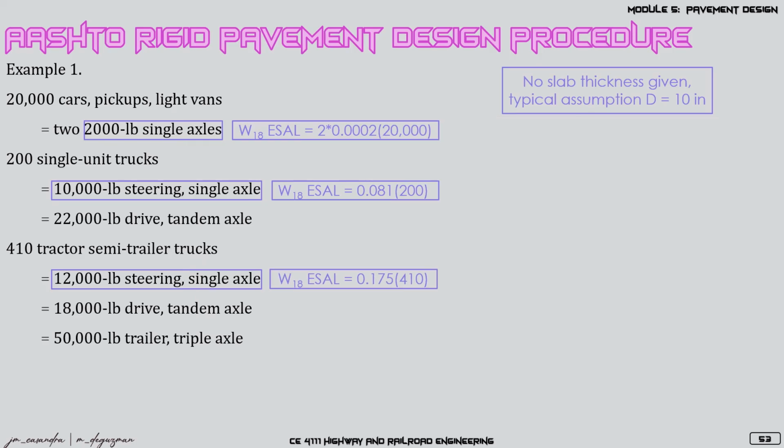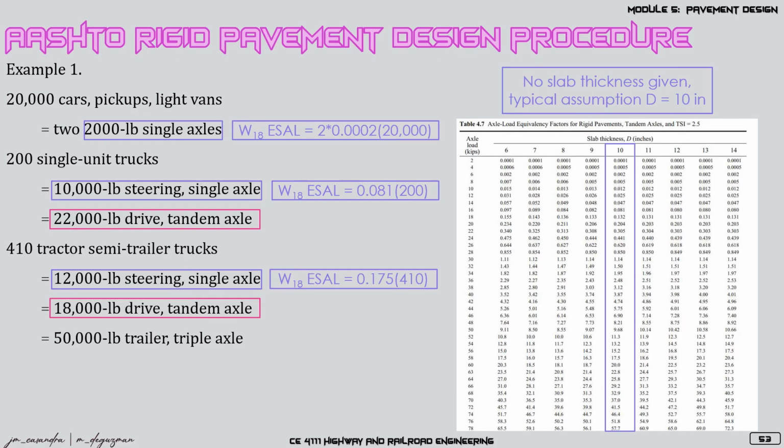For the tandem axles, we'll now be using Table 4.7. Still, we follow the column under 10. For the 22 kip axle, we have 0.305, so multiply this by 200 to get the equivalent single axle load in terms of W18.